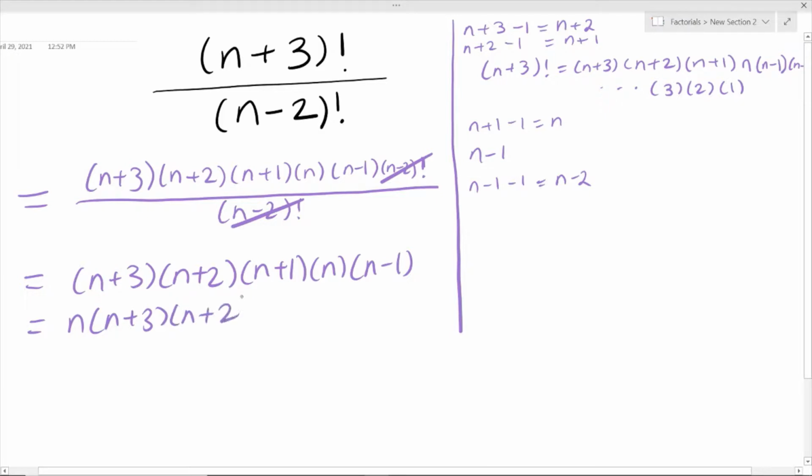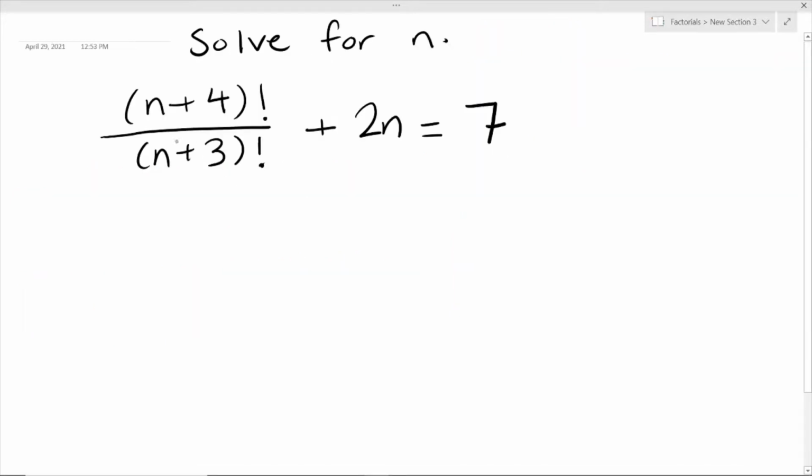And you can maybe even expand it if you'd like. So yeah, we have the expression for this, okay? So recognizing that the trick is to cancel out the factorials by expanding one of them all the way to a certain number. Alright, so say now we have to solve for n, and we have some factorials here.